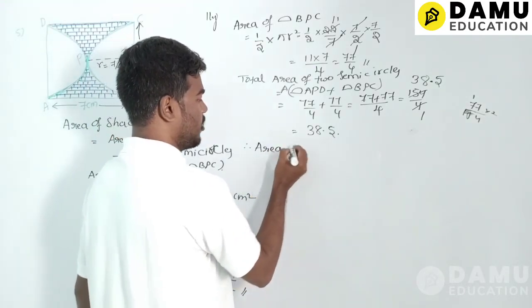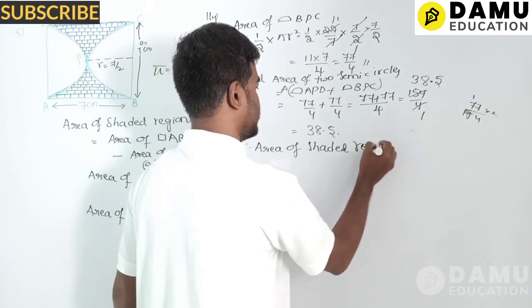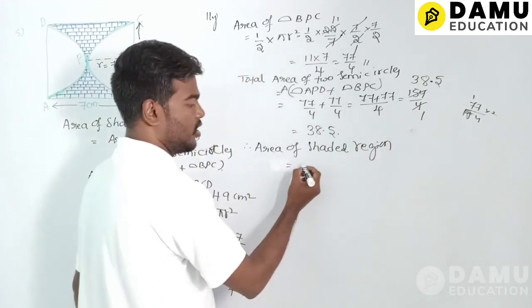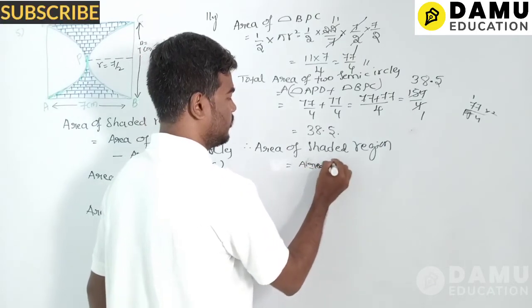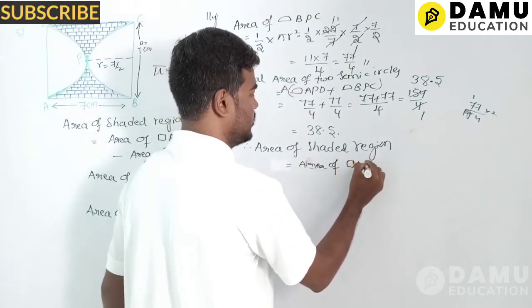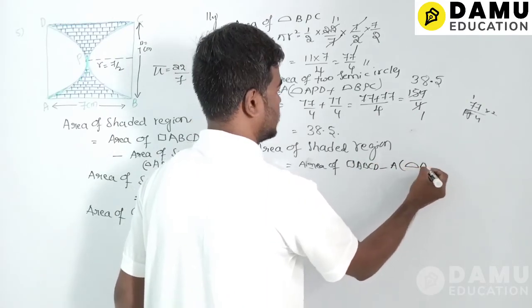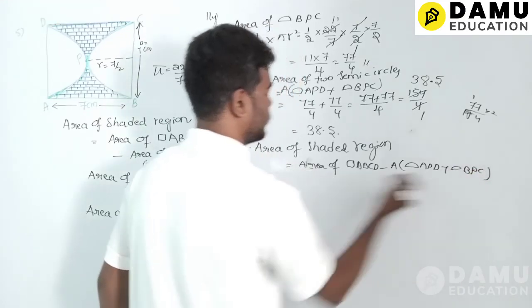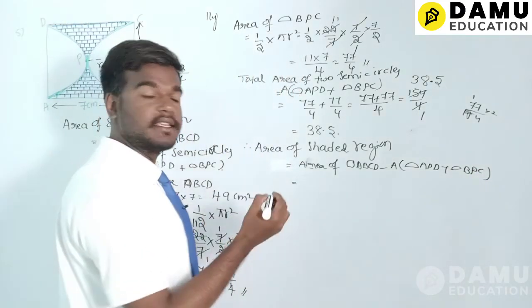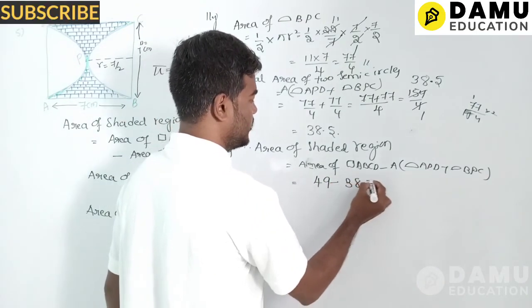Therefore, area of the shaded region is area of square ABCD minus the area of semicircle APD plus semicircle BPC. Area of ABCD is nothing but 49, minus 38.5.